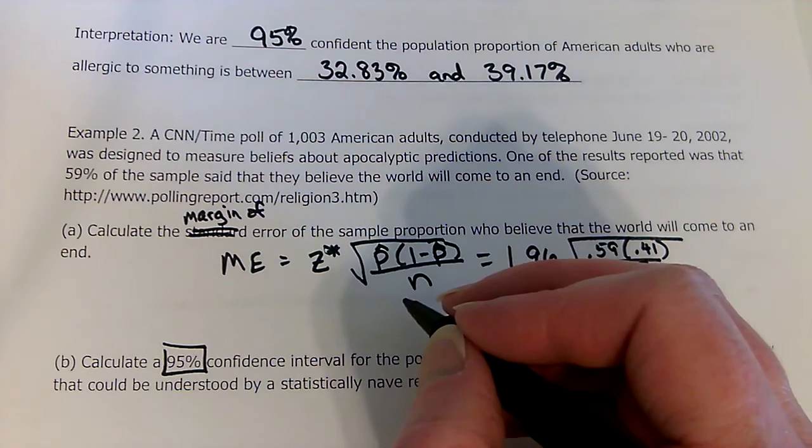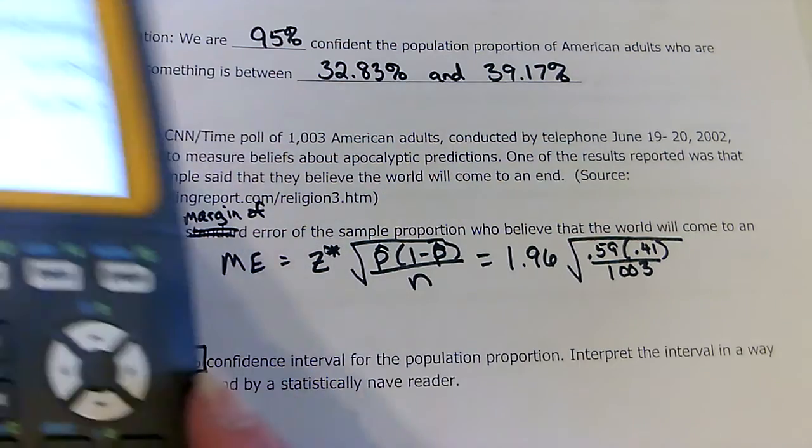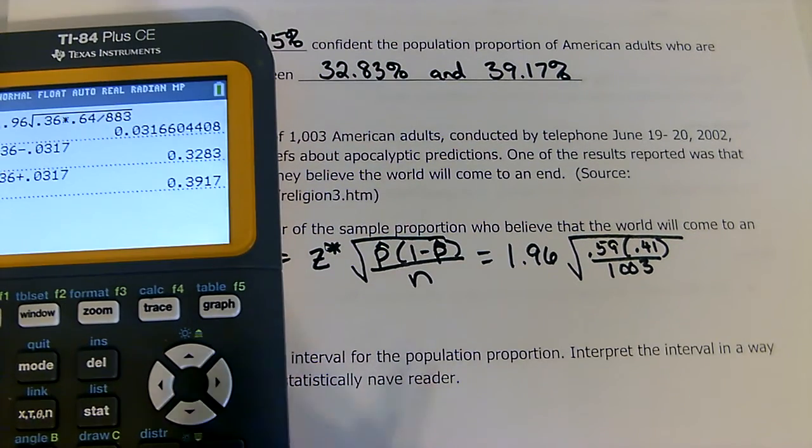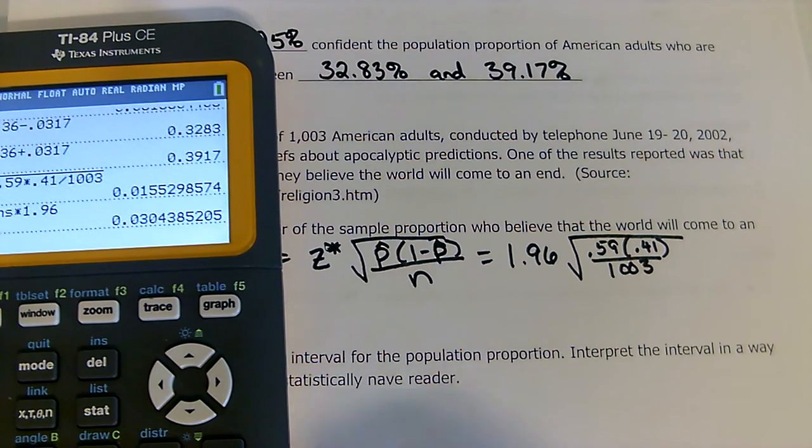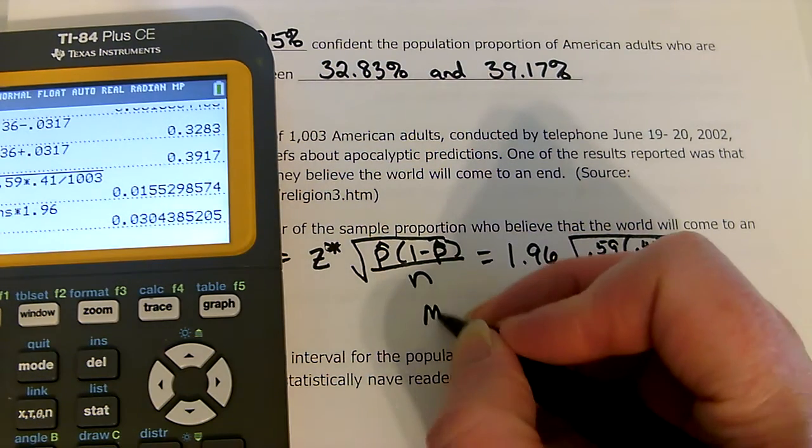The standard error, by the way, would just be this square root part. If it had just wanted that, that would be the standard error. And this is the margin of error.